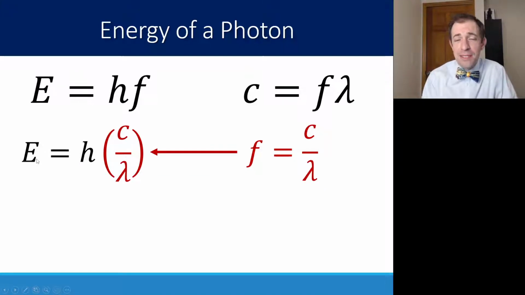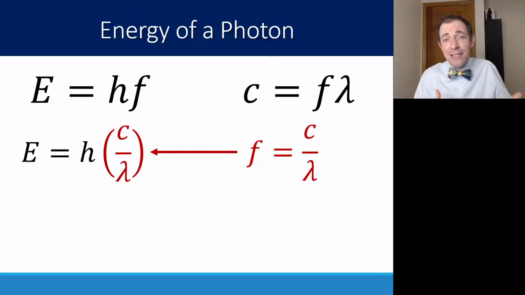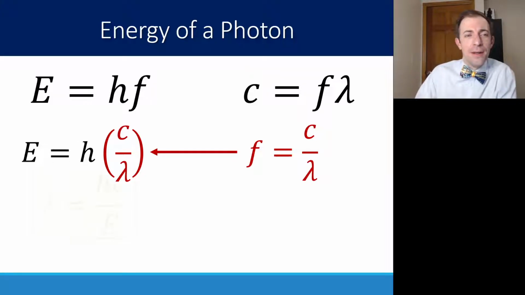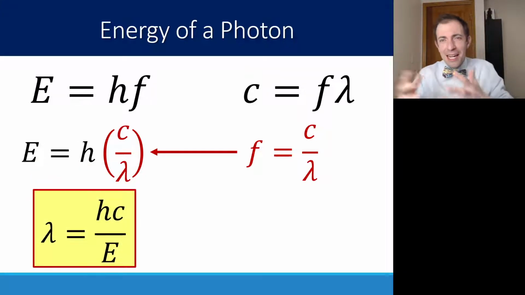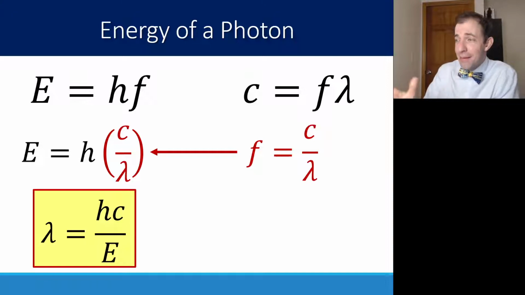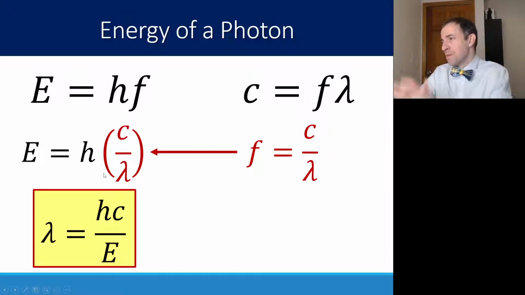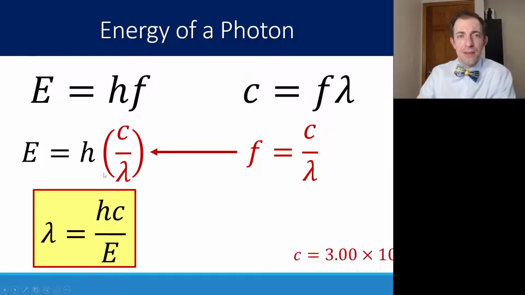So the energy, instead of being Planck's constant h times f, is now h times c over lambda. If I rearrange that or combine things, I can see that lambda ends up being hc over E. So it's just another way of representing that by smashing these two equations together.